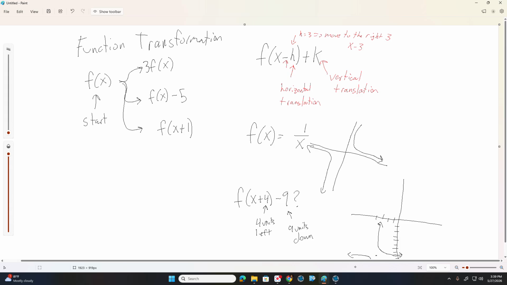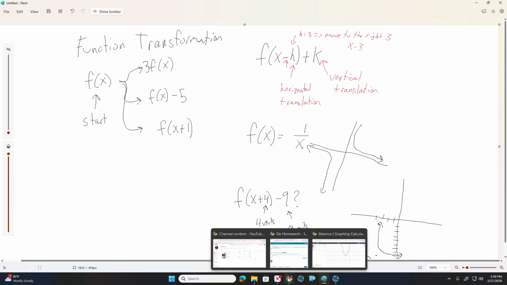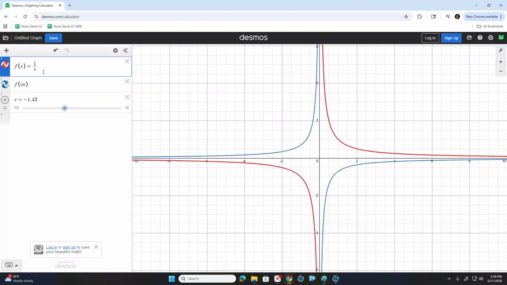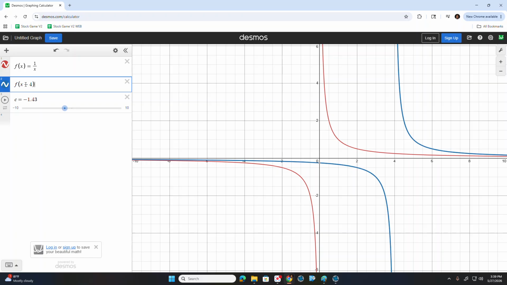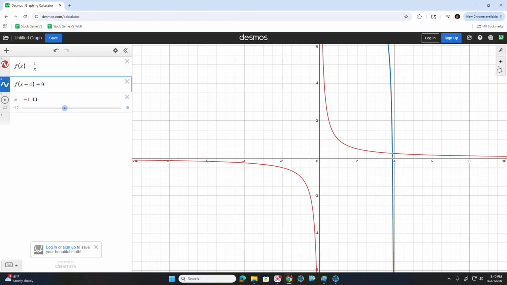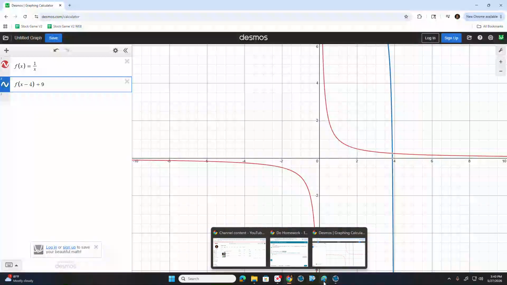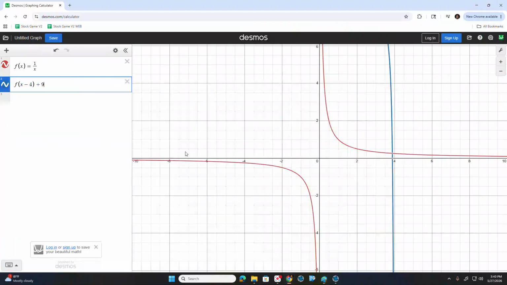I think it's going to look like that. And this is something that we can see if we go 1 over x and we specify f of x minus 4 plus 9. Whoops, I made the same mistake that I warned you guys on making. Wait, did I do plus 4 or minus 4? Oh, x plus 4.